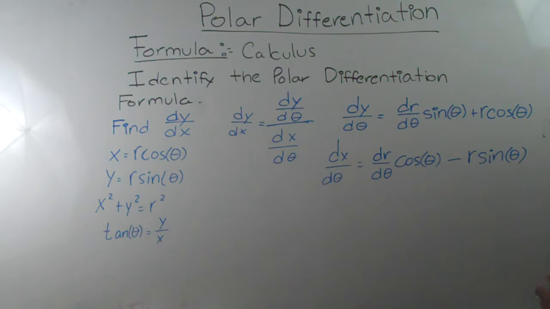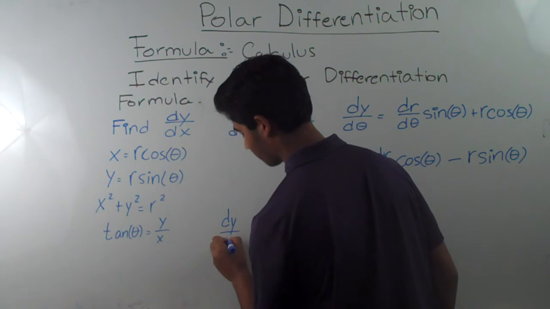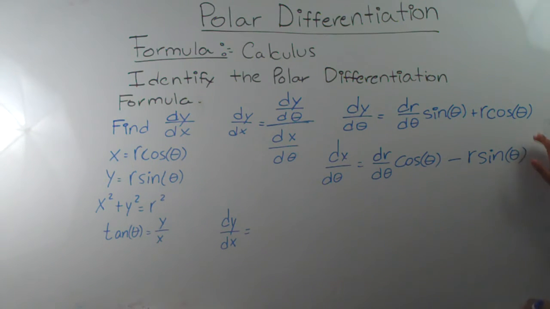Now we have both dy/d theta and dx/d theta. All we have to do to calculate dy/dx is divide dy/d theta by dx/d theta.